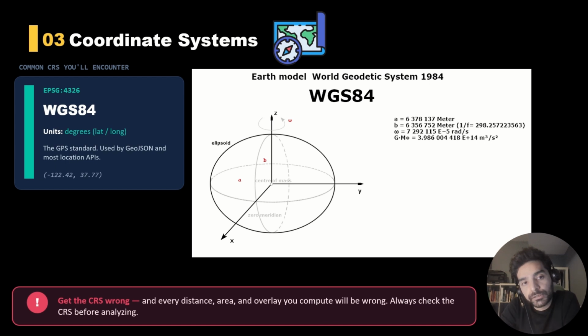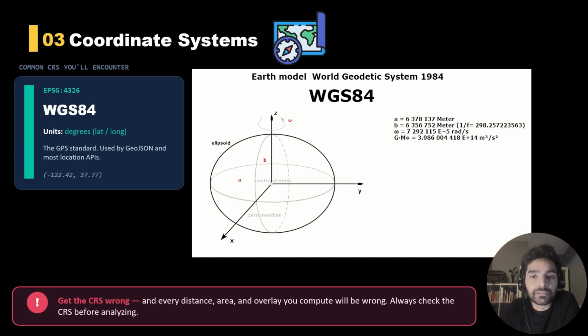One of the coordinate systems is called EPSG 4326, also known as WGS 84. This is the coordinate system most people encounter first.